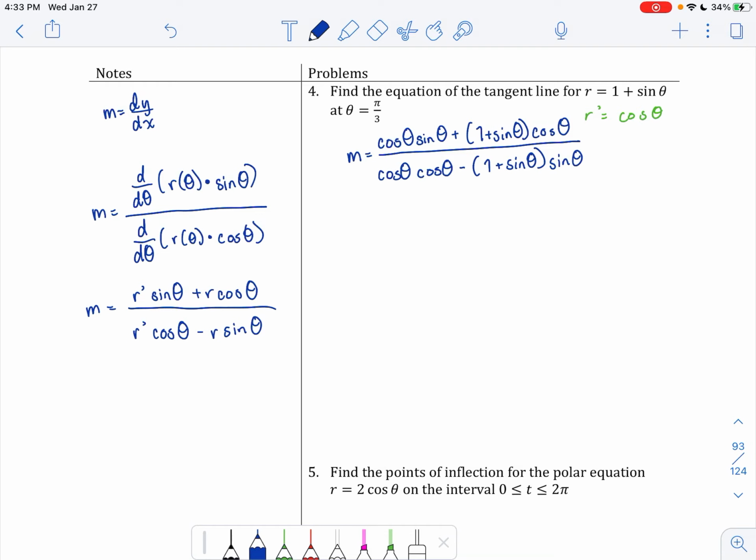So one of the reasons I'm going to write it out like this first is often with our polar functions, you'll be able to use some of your trig rules to simplify the terms that we have here in case you want to.